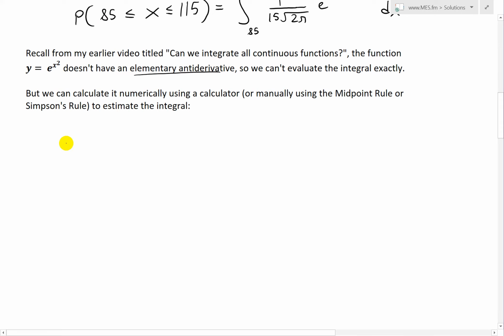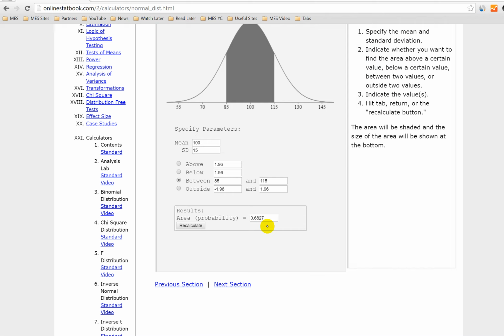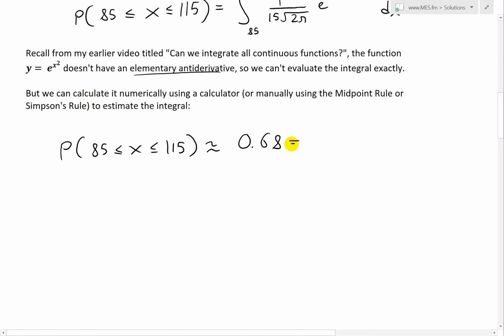I'll write this down as 85 less than x less than 115, and this is roughly equal to, I'll just round it to 0.68. And if we multiply it by 100 to get the percentage, it's 68%.